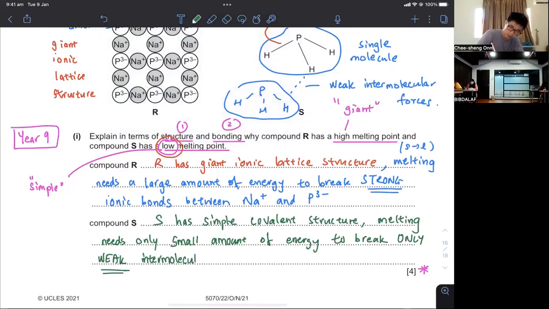Covalent bond is strong. Do not go and say covalent bond is weak. You have weak intermolecular forces of attraction between the molecules. That is weak, and we don't need a lot of energy to break. And just like that, you get your 4 marks. Focus on structure, identify them. And do you need a lot of energy or not? What are you breaking? Use the correct adjective, strong versus weak. All good?